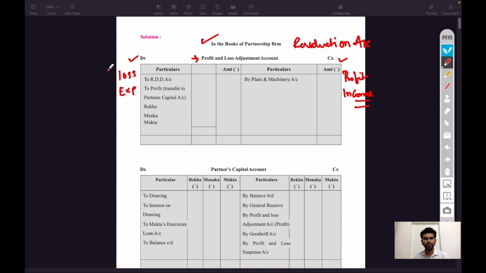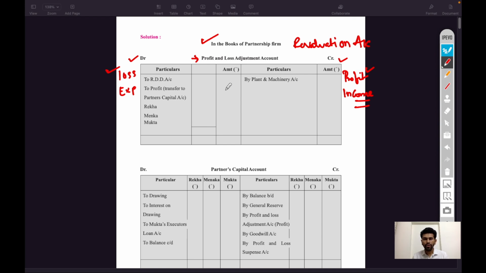Now, what is notional loss and notional profit? At the time of recording the transactions related to revaluation of assets and liabilities, assets are not actually sold, so we have not earned profit in real life.